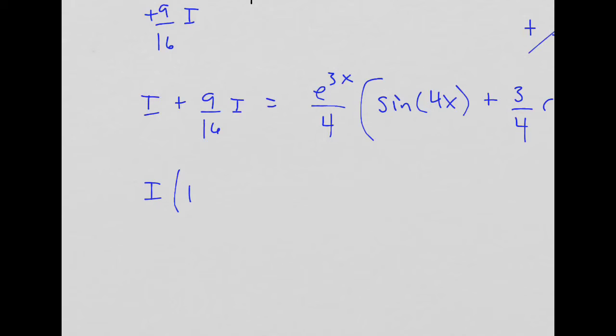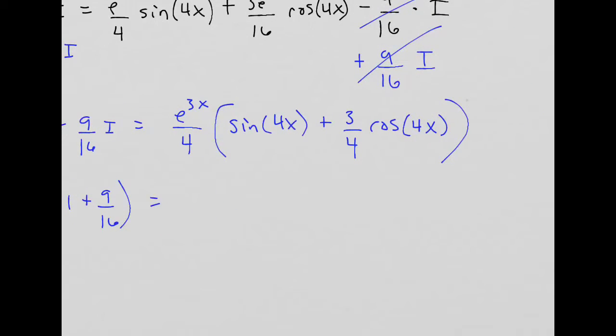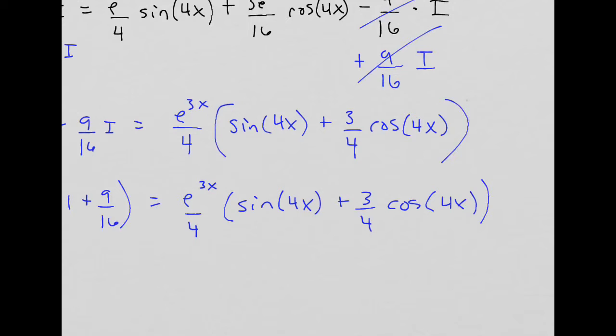It's a long process, but you only have 3 problems to do, so stop complaining. 9 over 16, whatever that is, and then equals all of this. So e to the 3x over 4 times sine of 4x plus 3 over 4 cosine of 4x.